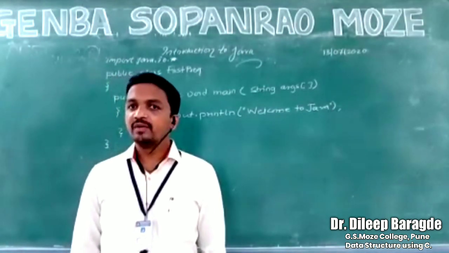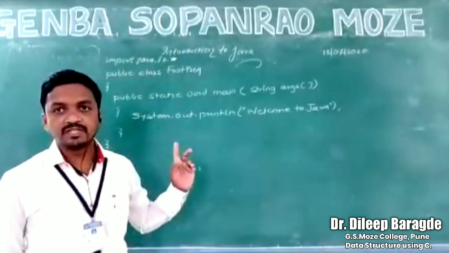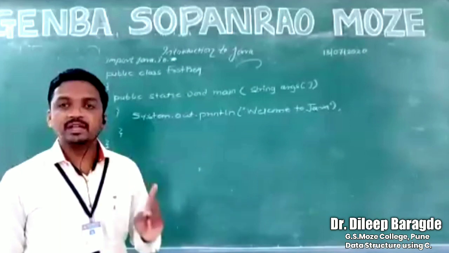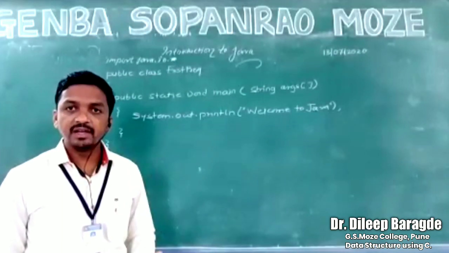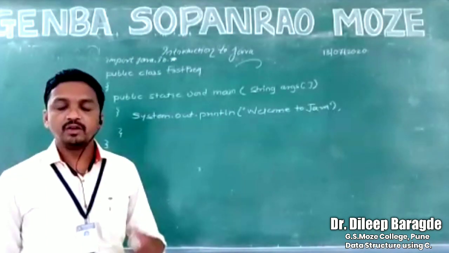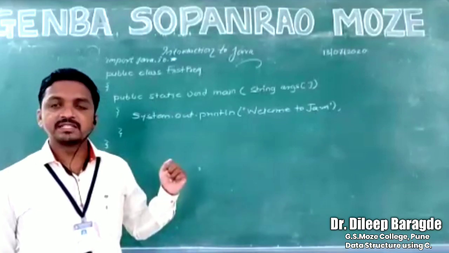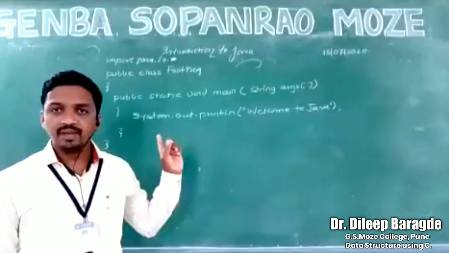Another thing, whenever we are going to create an object of this class, before creating any other class object by the compiler or interpreter, it should be accessible first, this main class.